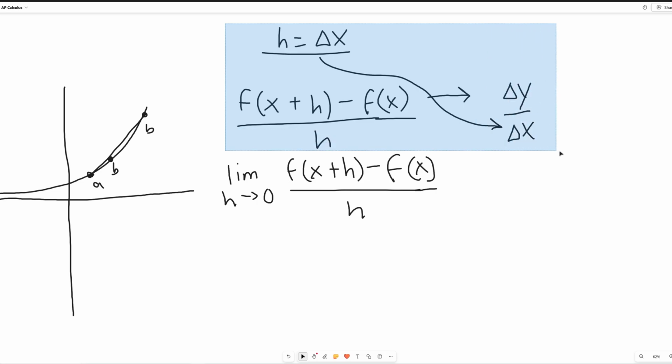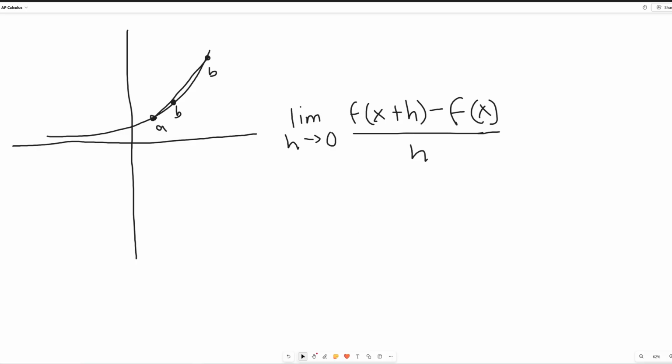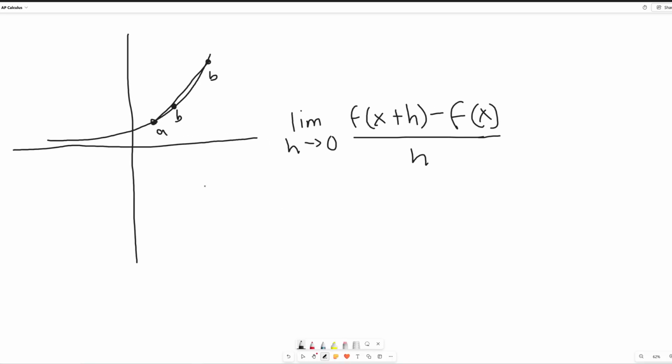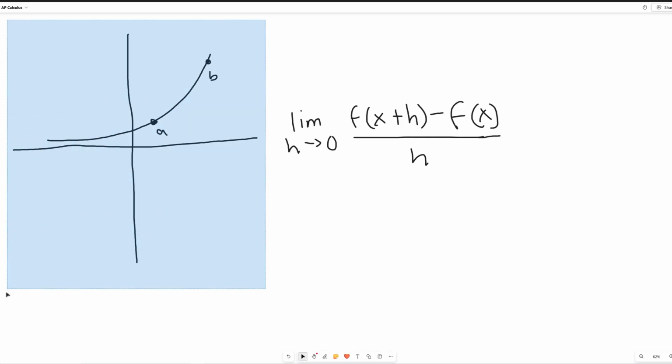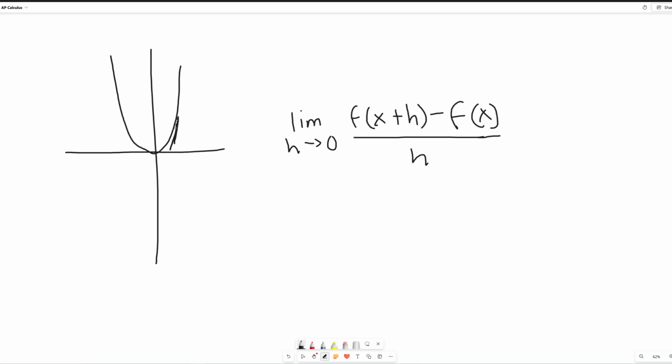So I'm going to get rid of this stuff up here. And I'm just going to take this definition, and let's take the function x squared. Let's say I wanted to find the slope at x equals 1 of x squared. So this function, I just drew a random arbitrary function here, but for x squared, I want to find the slope right here.